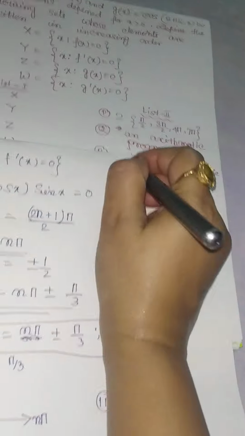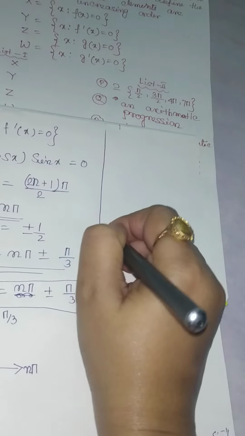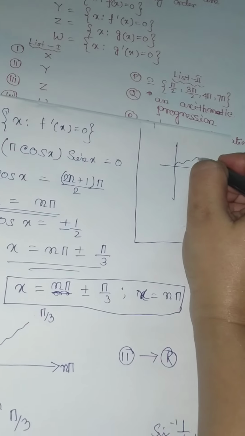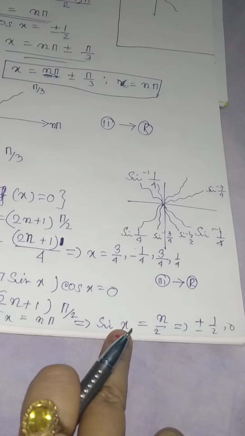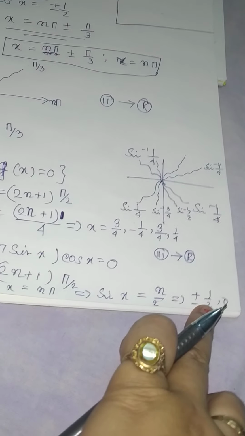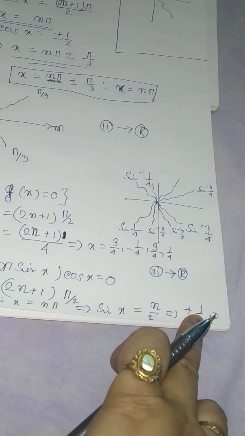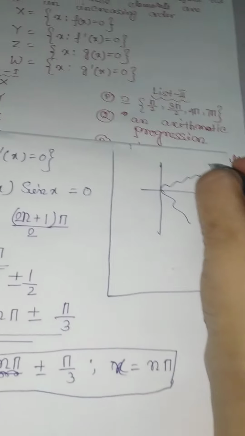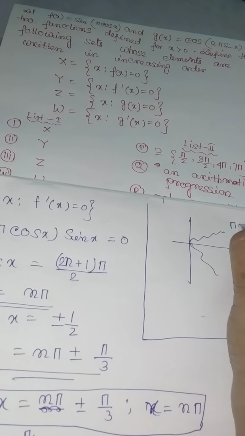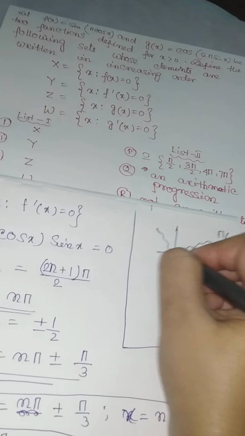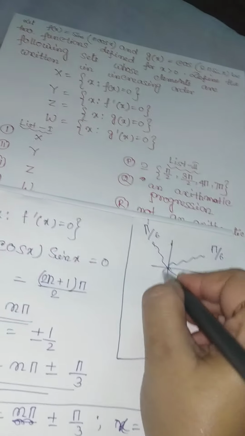Therefore, plotting this on our axis, sin x = 1/2 gives π/6. So the values of x are π/2 or 0, and π/6 repeated.